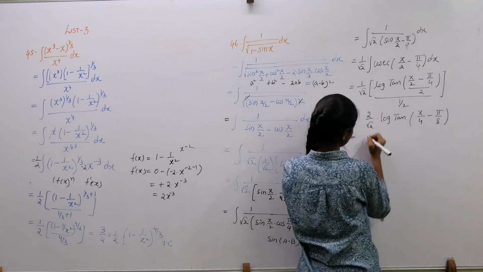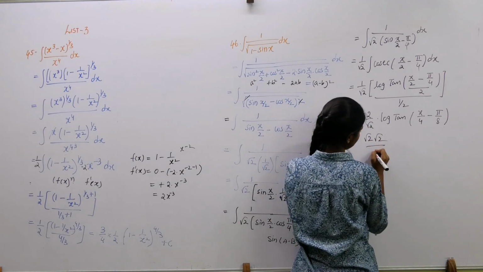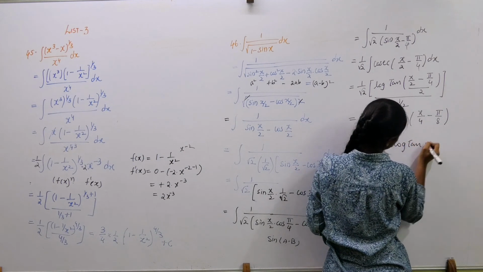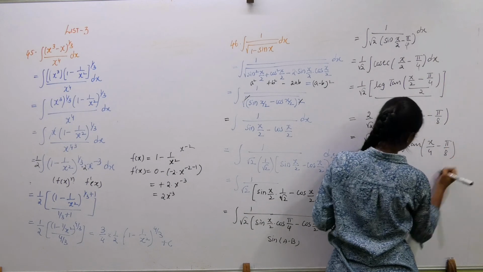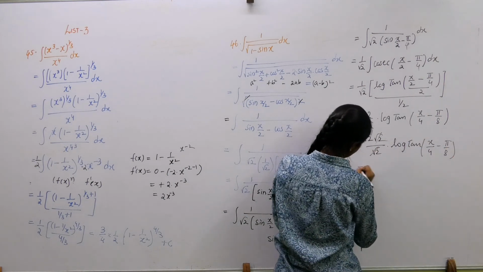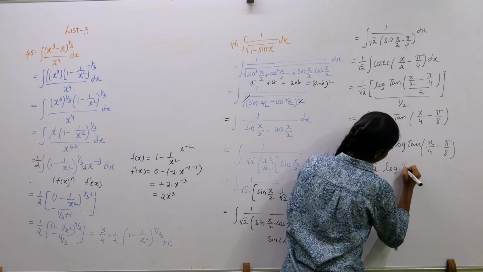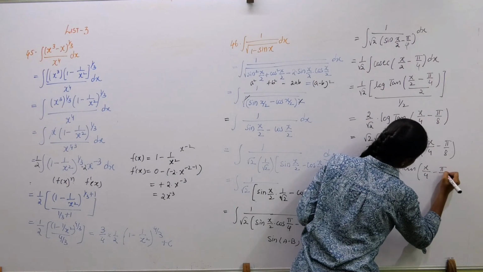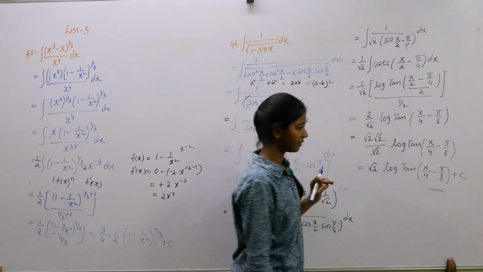It is equals to, in the numerator 2 root 2 into root 2 by root 2 into log of tan x by 4 minus pi by 8. Root 2 cancel. Finally we have root 2 into log of tan x by 4 minus pi by 8 plus c. This is the final answer.